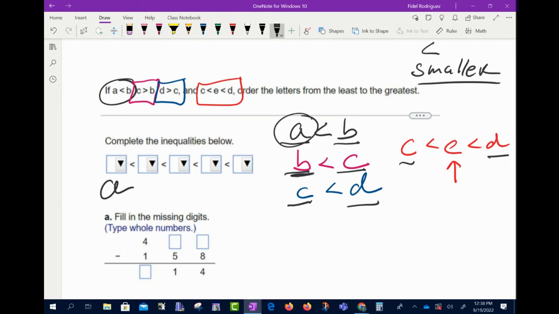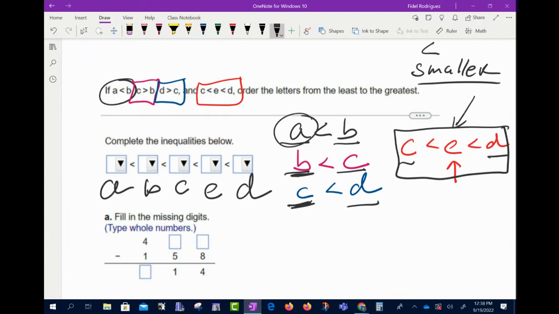Then the second smallest number we have is B. The third smallest number we have is C. Now, remember what this part says? This part says that the letter E is between C and D. So E is going to go right here, and D is going to go right there. Okay, that's just telling me how I would write my order from smallest to biggest.